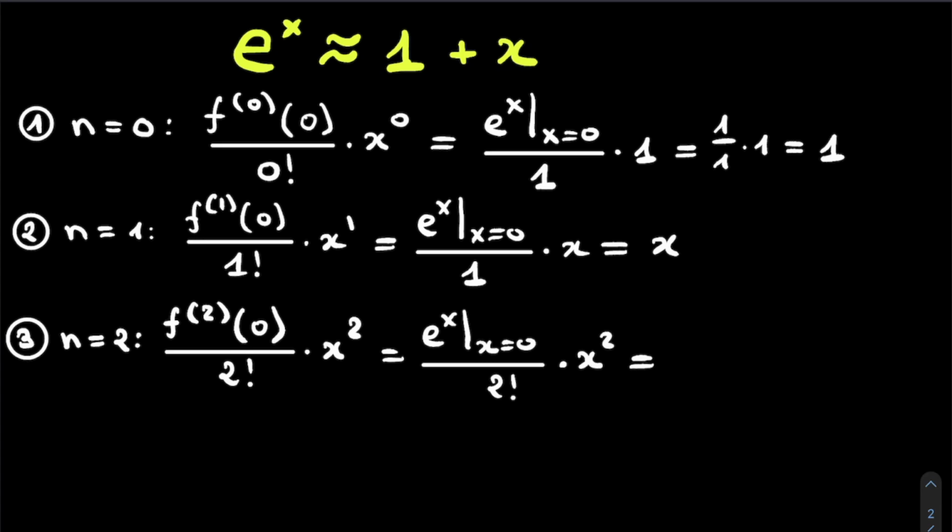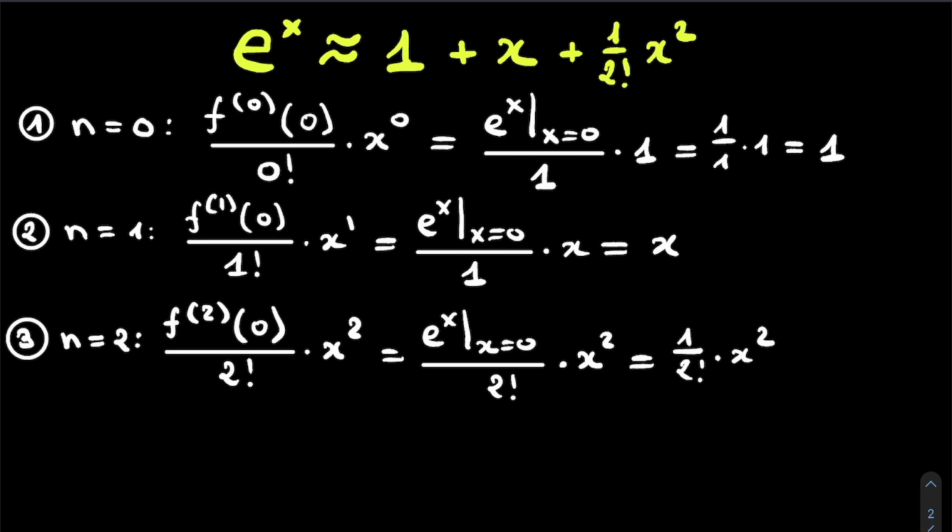In this case, we again get the numerator e to the power of 0, which is equal to 1. So we get 1 divided by 2 factorial multiplied by x to the power of 2. So we can add our third term, which is 1 over 2 factorial multiplied by x to the power of 2. So let's now try to extract a pattern from these three terms already.